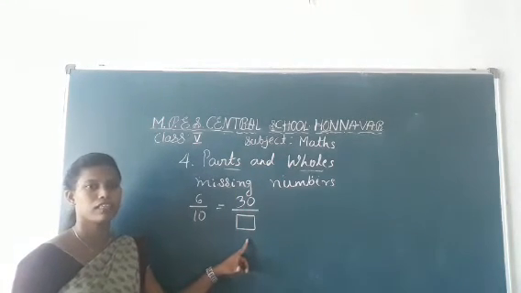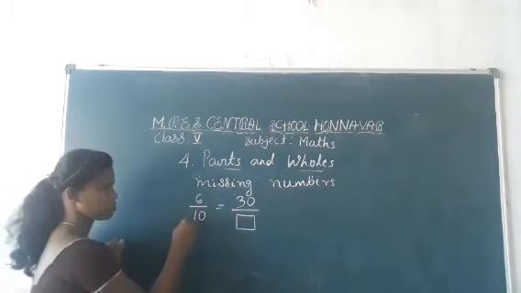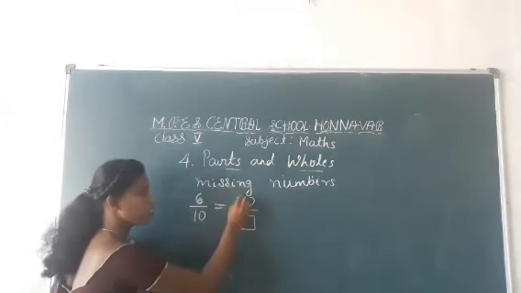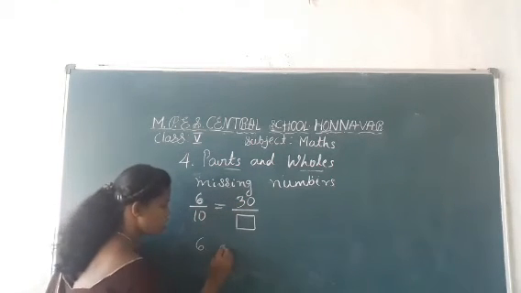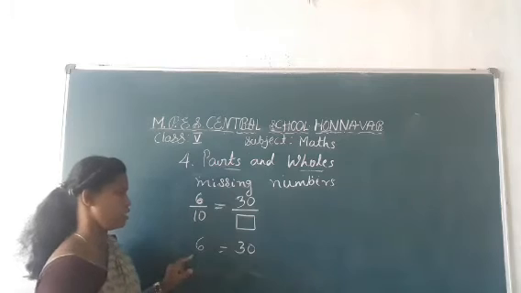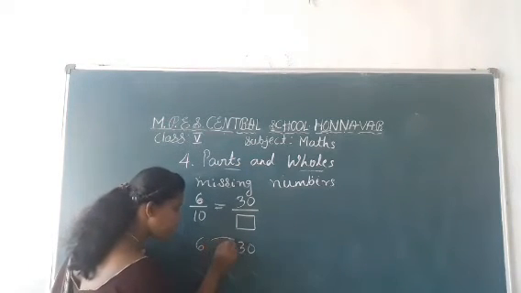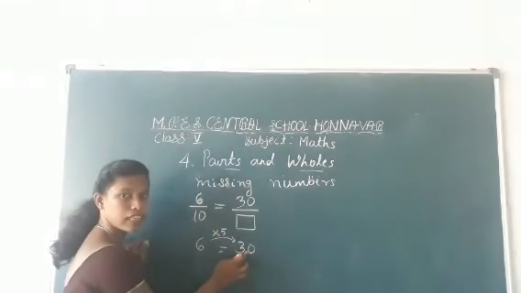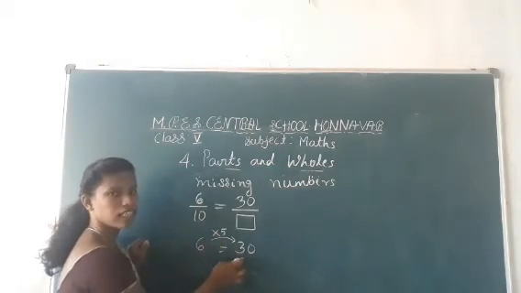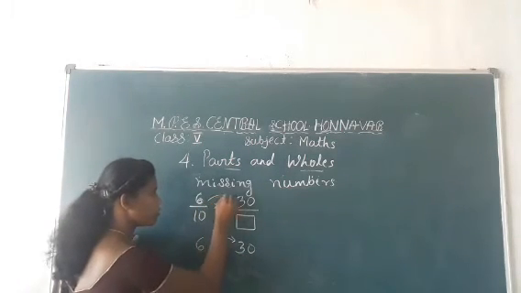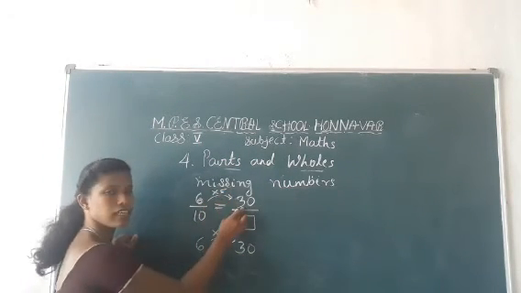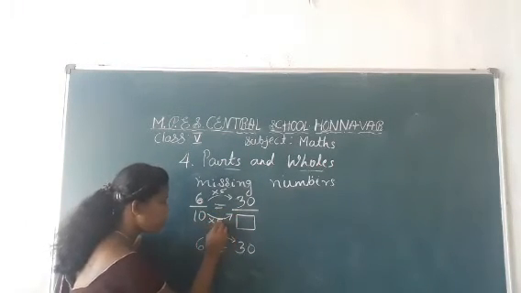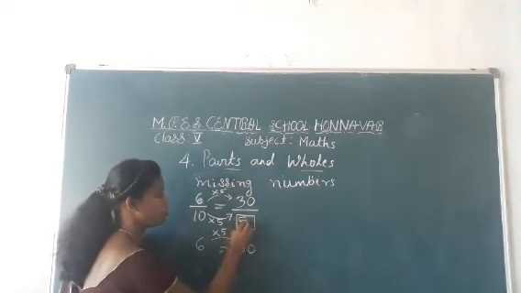How do we write this one? See here. Here we have 6 and here we have 30. If we multiply 6 and 5, we get 30. 6 5s are 30. So here we multiply by 5, we get 30. So in the denominator also, we multiply by 5, we get 50.